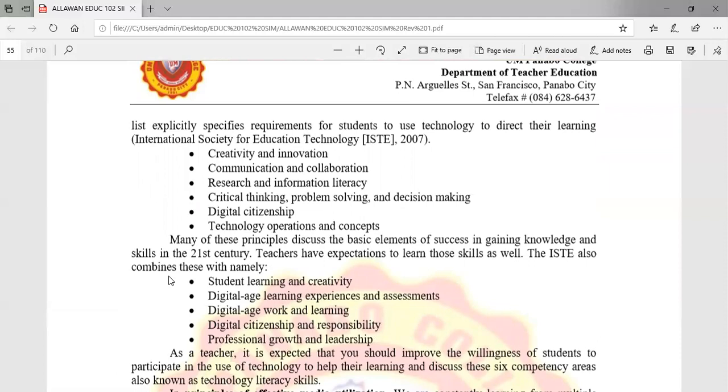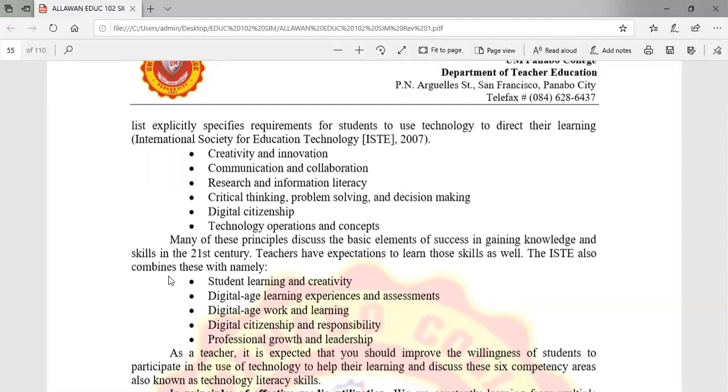The students would be creative and innovative in using these gadgets because of all the information. For example, if you're searching for your assignment or questions from your class, just one click in Google, there are a lot of answers or information about that certain topic.